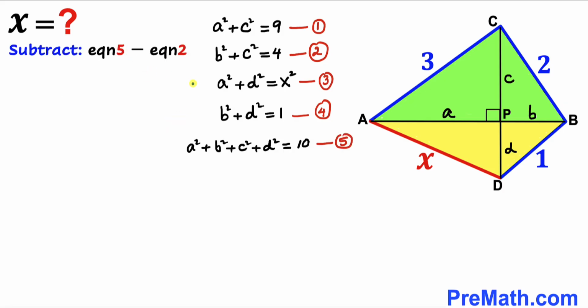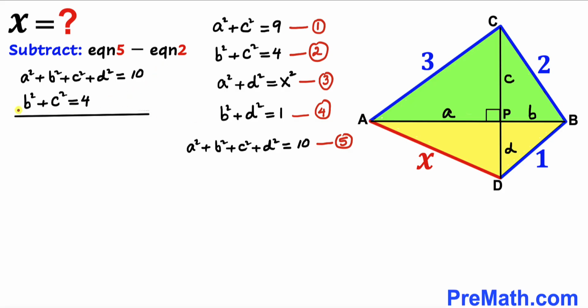In this next step, I am going to subtract equation 2 from equation 5. Here I have copied down equation 5 and equation 2 as well. Now we are going to subtract. So I'm going to change the signs. This positive becomes negative, negative, and likewise negative as well. We can see this b square and minus b square are gone.